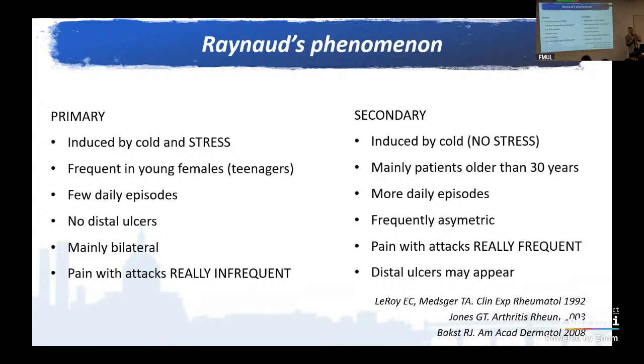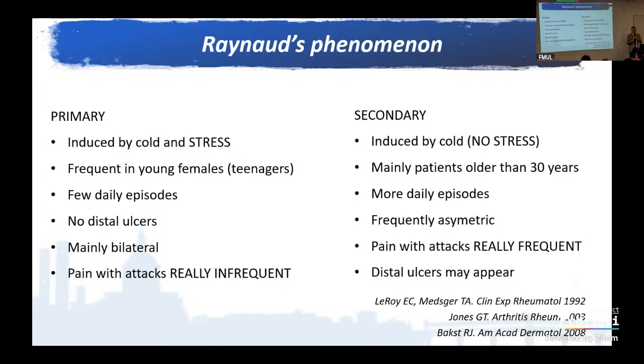On the opposite, secondary Raynaud phenomenon is not induced by stress, mainly in patients older than 30 years, with more daily episodes, frequently not bilateral, not symmetrical, asymmetrical. It's very, very painful, and ulcers might appear.